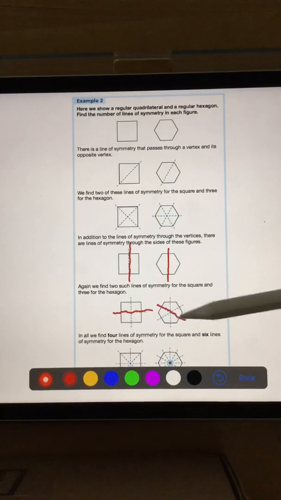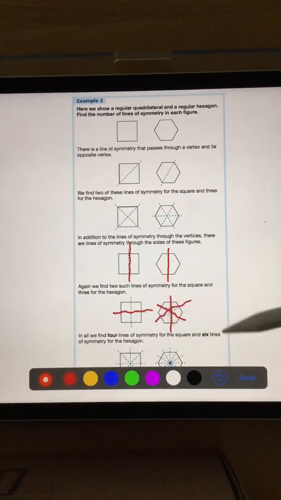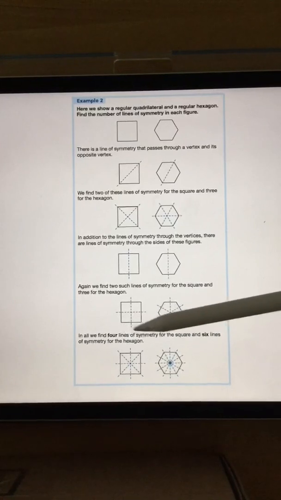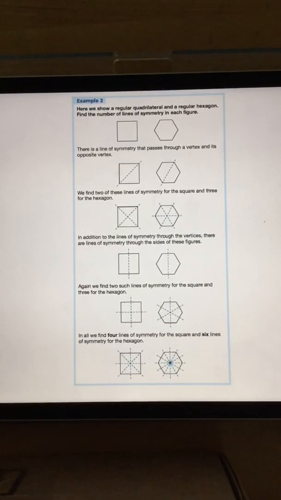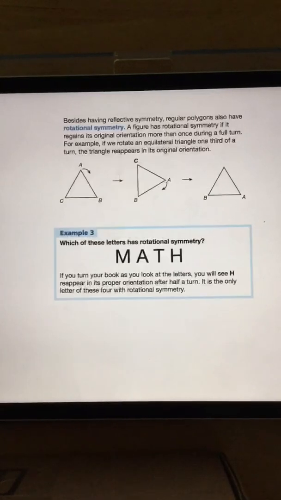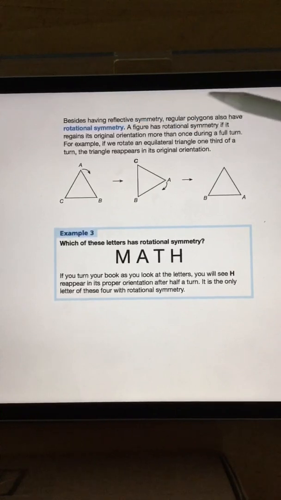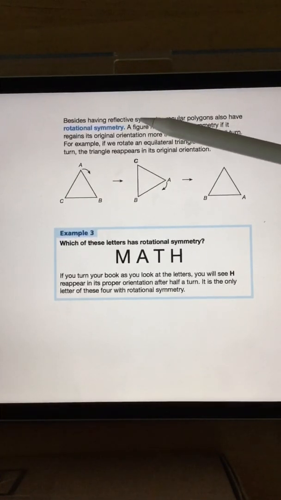I can go through this, this, and this. Since this is a 6-sided figure, I can go through each one. So we find 4 lines of symmetry for the square and 6 lines of symmetry for the hexagon.